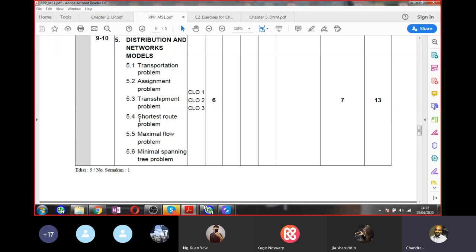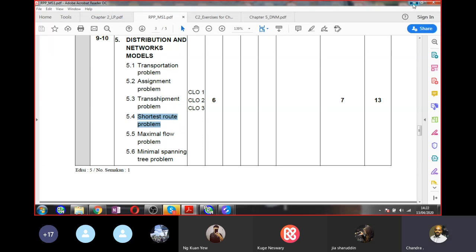Today, now I'm going to continue with the shortest route problem. We're going to end our class today with the shortest route problem. Let us do the shortest route problem. It's quite easy.